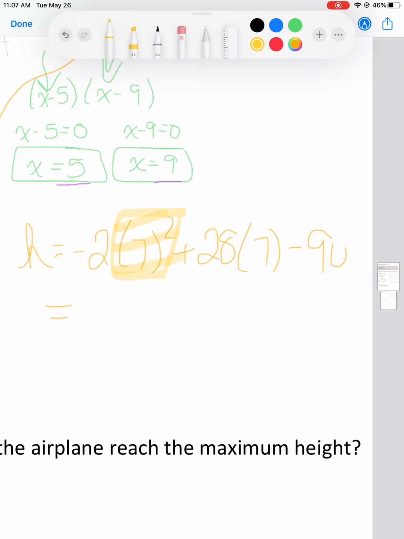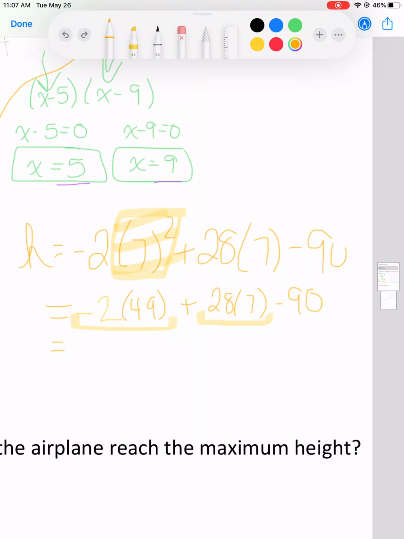So, 7 squared, 7 times 7 is 49. Times 7 minus 90. If you guys can do this in less steps, go for it. Now what I'm going to do is multiply those two together and these two together at the same time because it's separated by the plus. So that's okay.